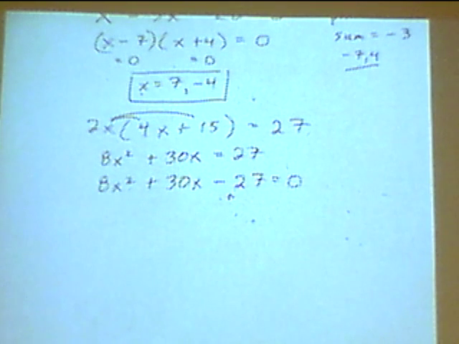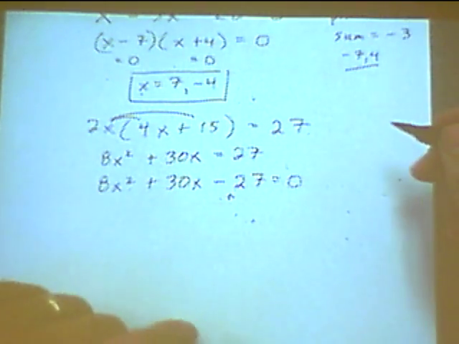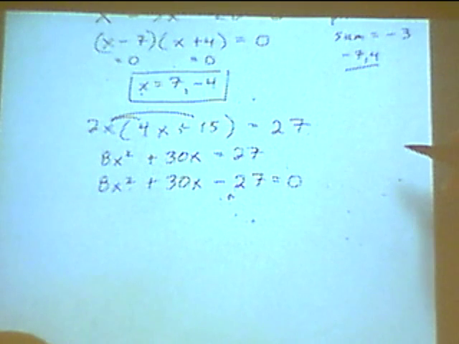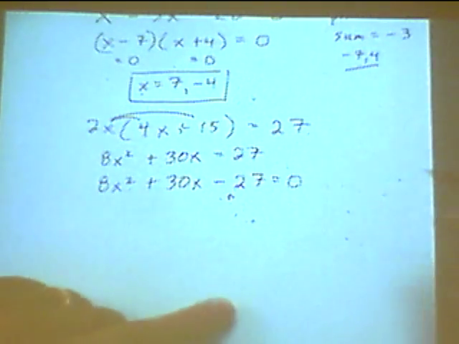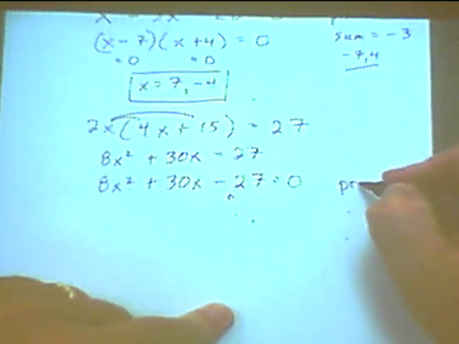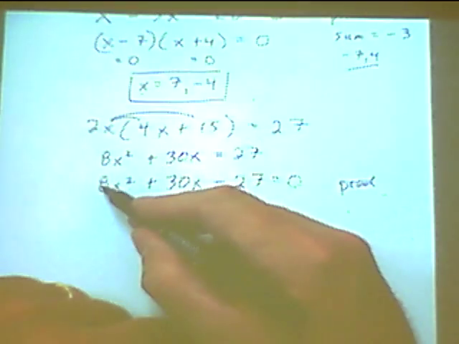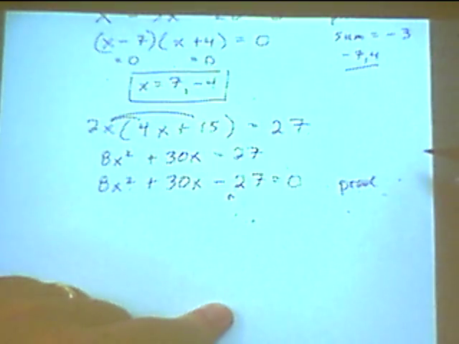There is no GCF. Since I have three terms, we're going to use product sum. Now, this is a little bit ugly, and maybe this is a good problem to work because you can see what you can do to possibly try and factor trinomials with larger numbers. Because the product is going to be 8 times negative 27.